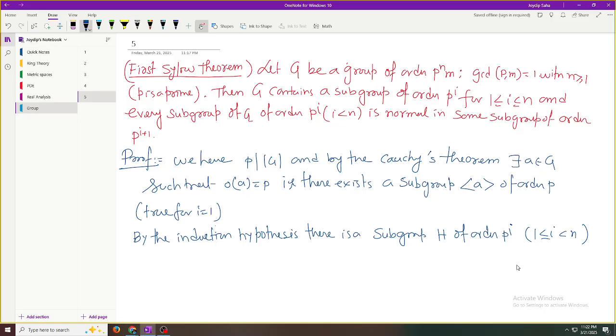H is normal in there. So G colon H, what is this? G colon H is p to the power n m by p to the power i.